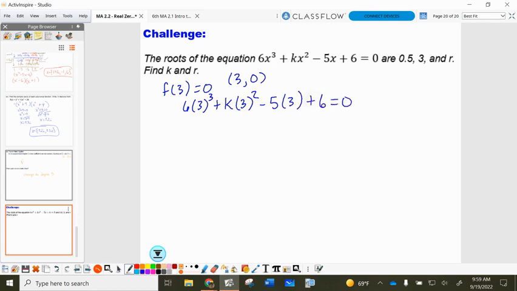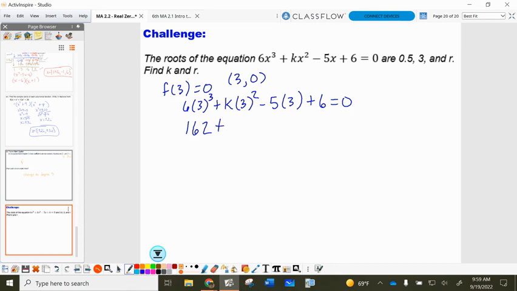3 cubed is 27 times 6. 162, is that what you got? Yeah, okay.